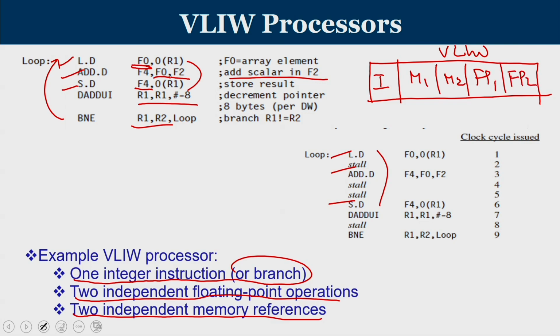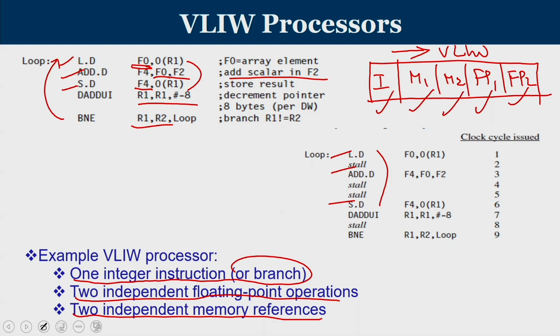So, a VLIW instruction can have 5 components. It is capable of running 2 independent memory operations in parallel, 2 independent floating point operations in parallel, and an integer or a branch operation. Together all these 5 can work together.